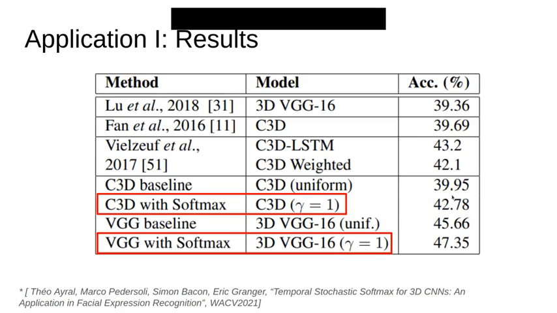And we see that in both cases, we start with uniform sampling that gives a certain accuracy. And when we introduce our softmax pooling with sampling, we are able to improve the performance while having similar computational cost.